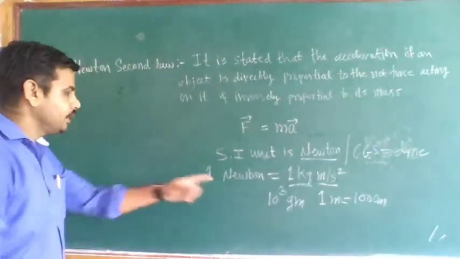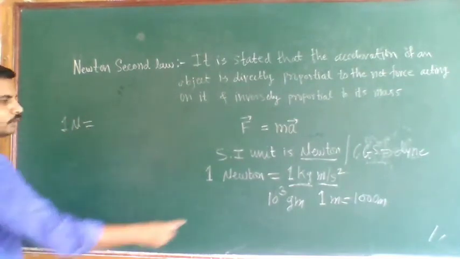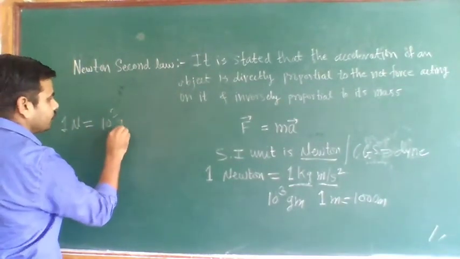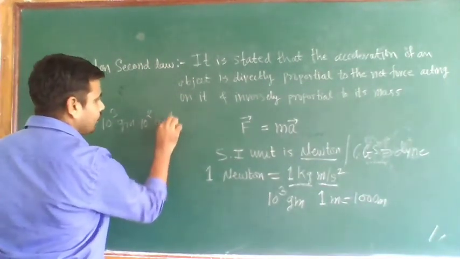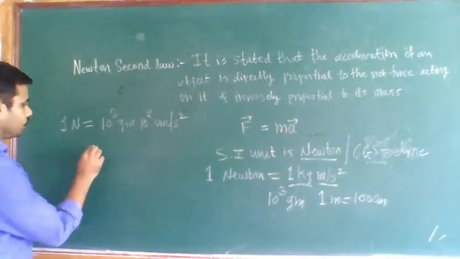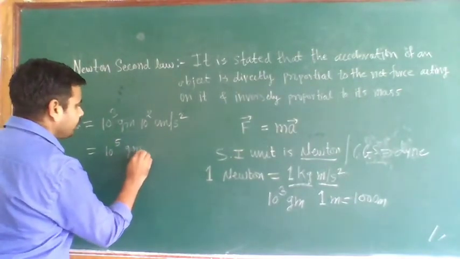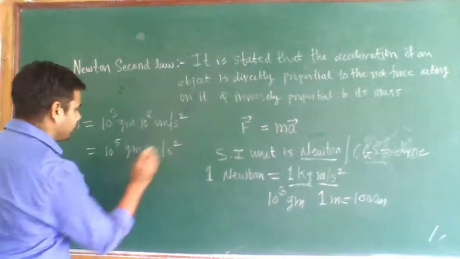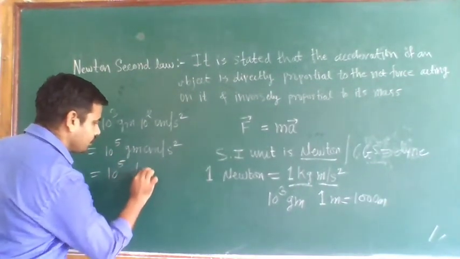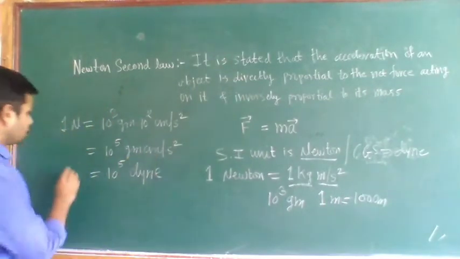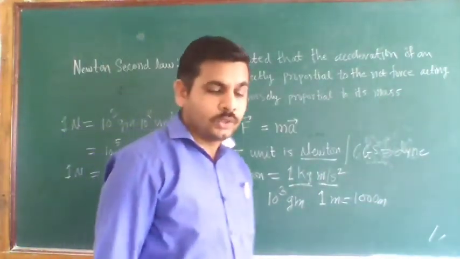Okay, so from that we can define 1 Newton is equal to 10 raised to 3 gram into 10 raised to 2 centimeter per second square. So you get 10 raised to 5 gram centimeter per second square, or you can say 10 raised to 5 dyne. So this 1 Newton is equal to 10 raised to 5 dynes.